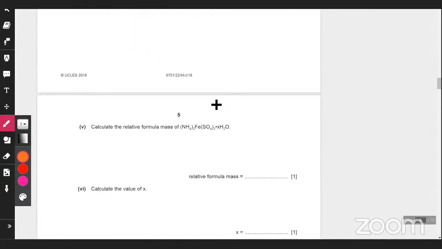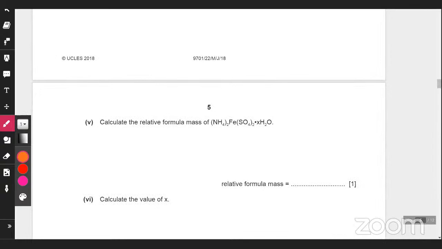Next part is calculate the relative formula mass of this. So you found the moles of Fe, and by default, you've actually found the moles of this entire thing. Why? Because one of this compound has one Fe. I mean, the ratio. This has one Fe. So if you found the moles of Fe, the moles of this compound would be exactly the same, and our moles are 0.002 moles.